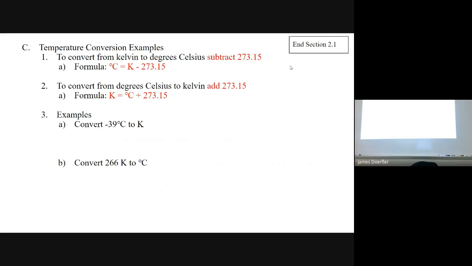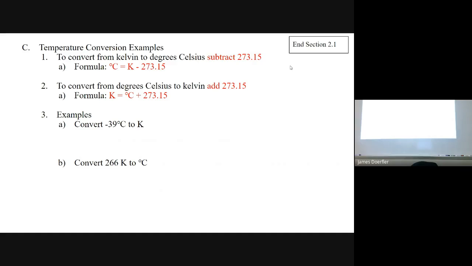So, last slide here. Let's look at how we convert. So to convert from Kelvin to degrees Celsius, you are going to subtract 273.15 from Kelvin. So going from Kelvin to Celsius, you're going to be given the temperature in Kelvin.